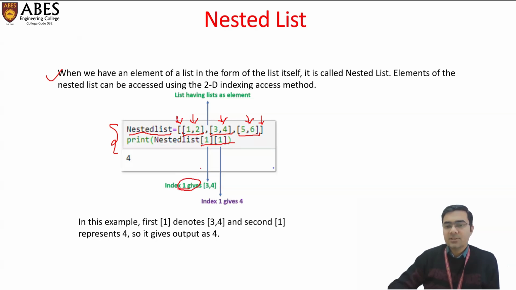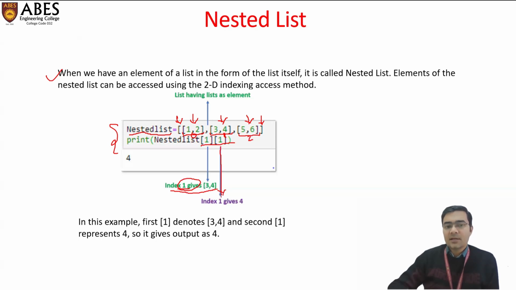The indexes are 0, 1 and 2. At index 1 we have another sublist having two elements, 3 and 4. So index 1 gives 3 and 4, meaning you are accessing the second element of the main list.